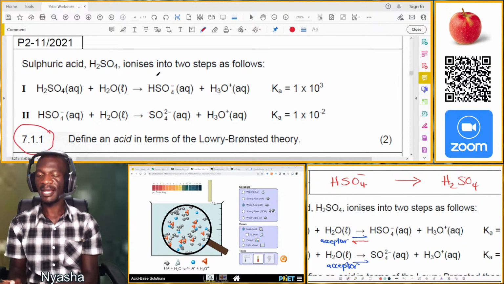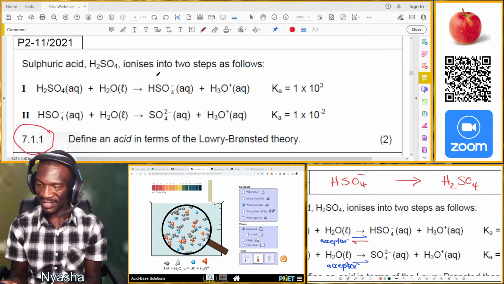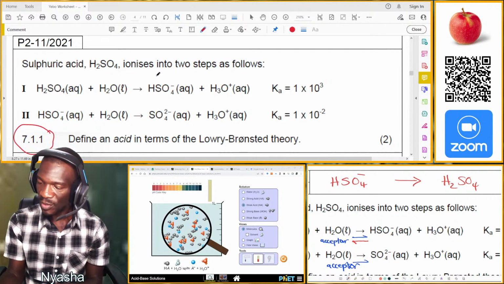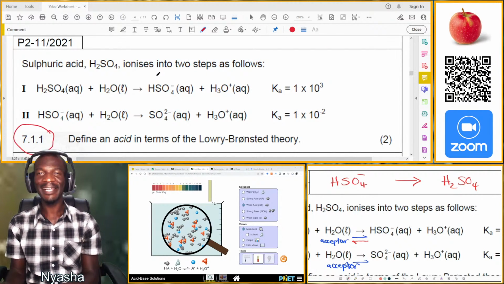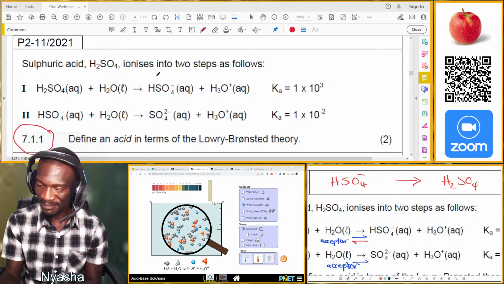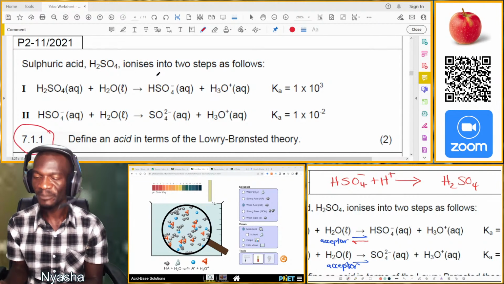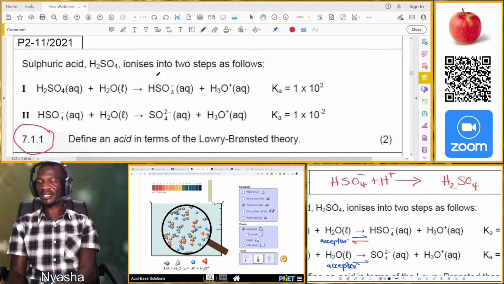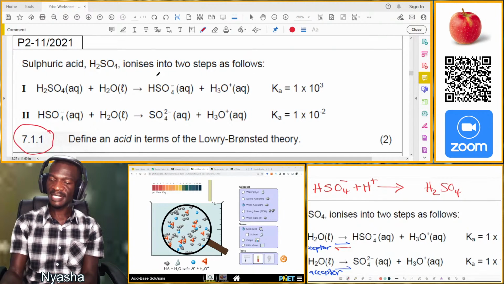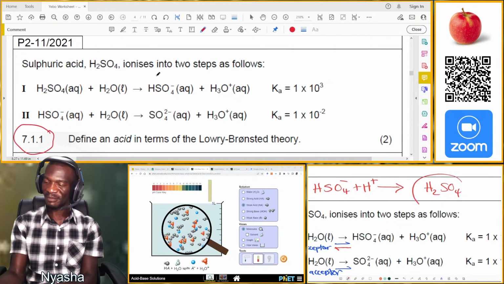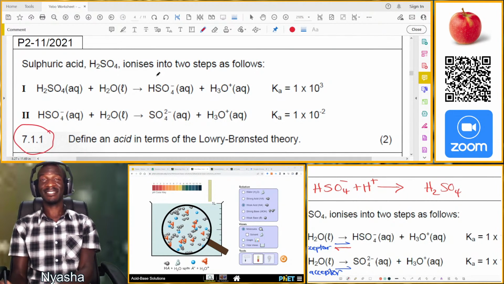Now, what could have happened for HSO4 to earn another H? There must be some additional hydrogen ion. When it receives an additional hydrogen ion, it becomes sulfuric acid, right?